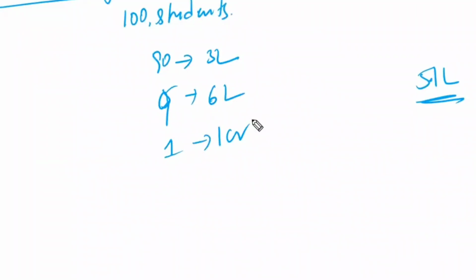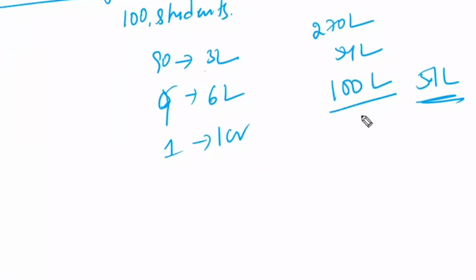What is the average package? 90 into 3, which is nothing but 270 lakhs. 9 into 6, which is nothing but 54 lakhs. 1 crore means 100 lakhs, which if you calculate, 424 divided by 100.